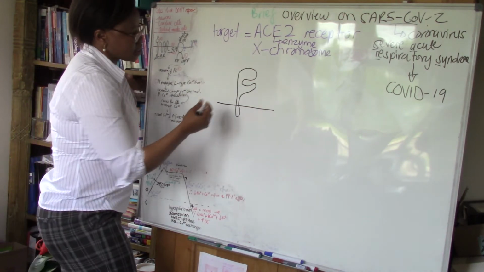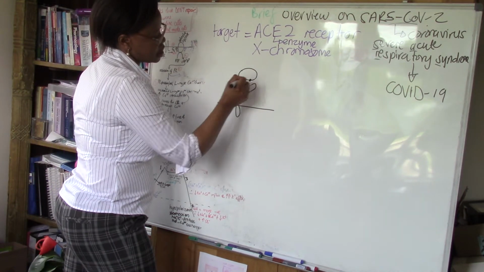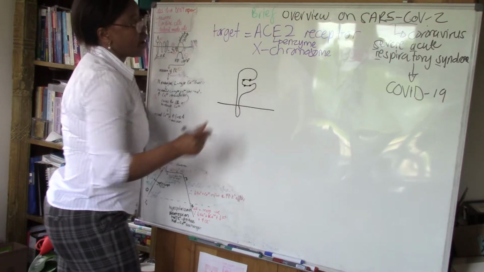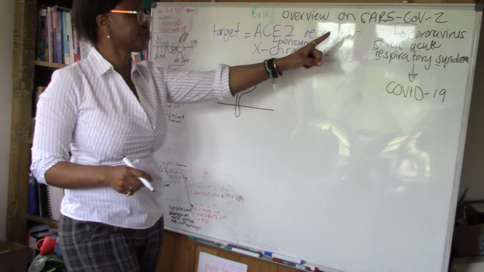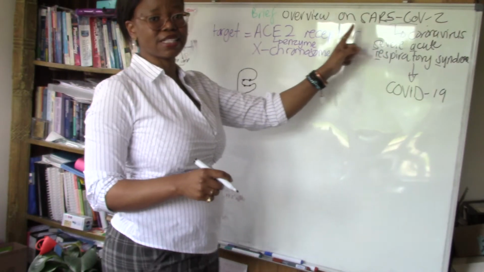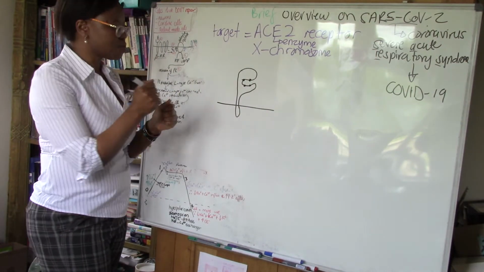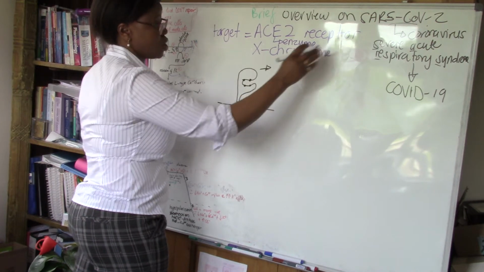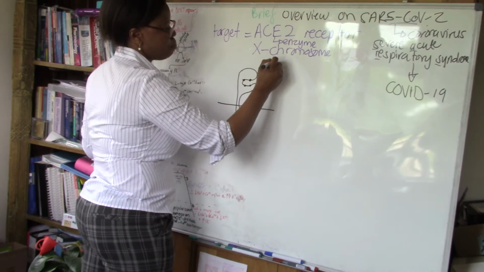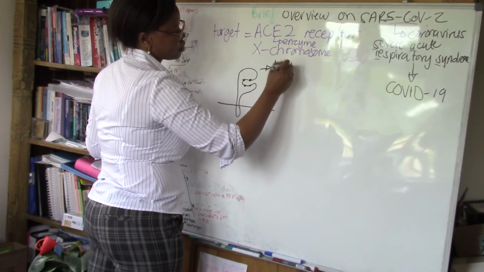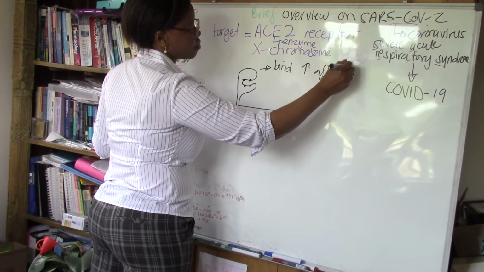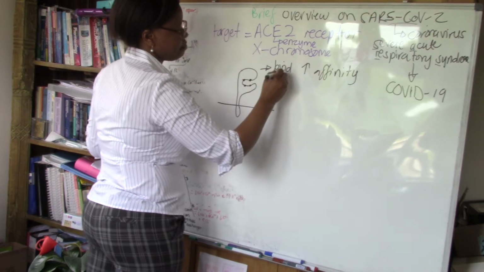And there are some specific amino acids, which I've included as part of my paper, that are recognized by SARS-CoV-2. And those specific amino acids cause this virus to bind with a high affinity and specificity.